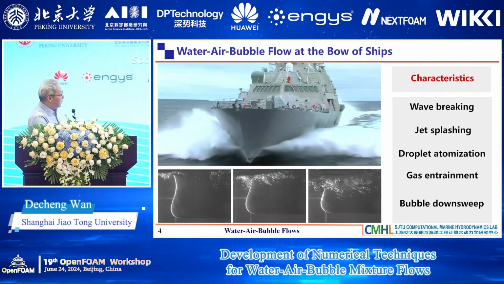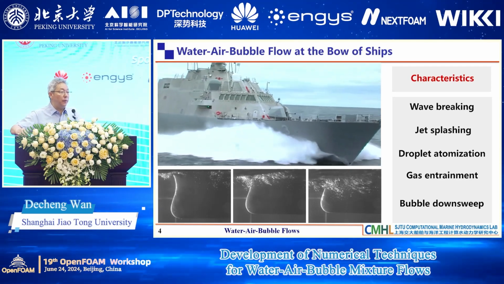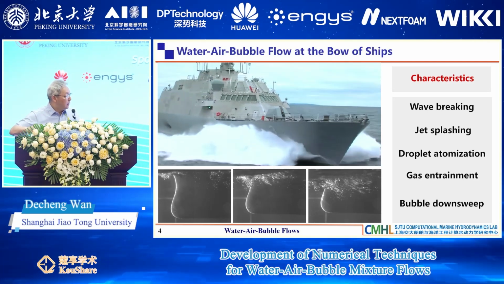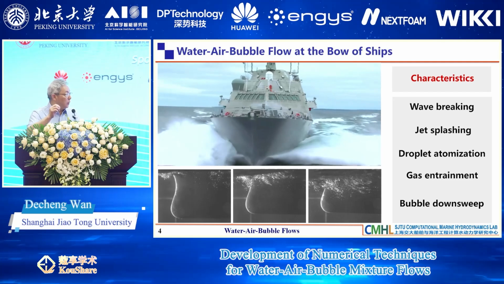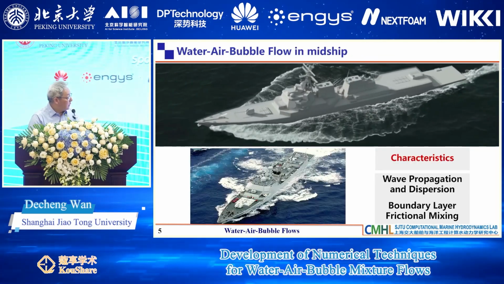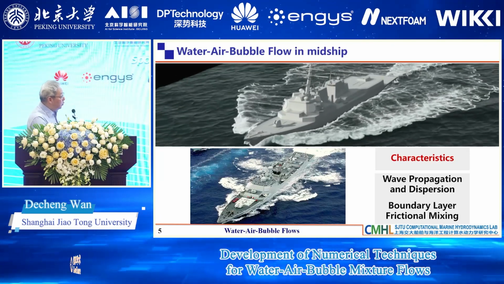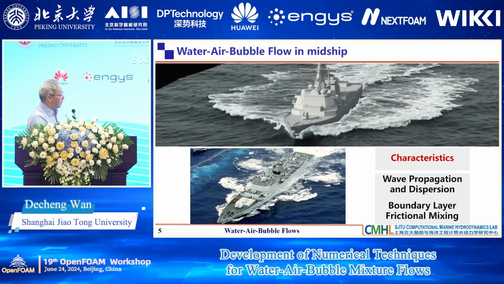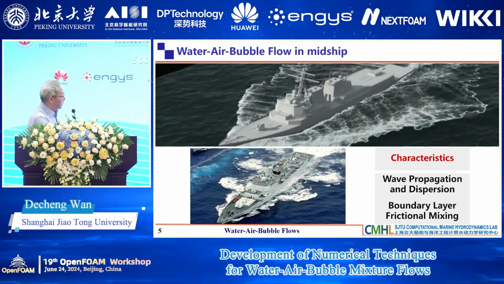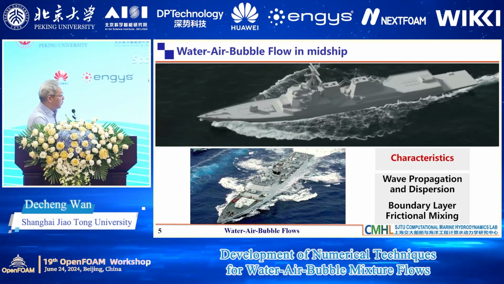So this is a very complex interface between the water and the air, with the jet flow, the droplets, the gas and the bubbles. In different regions, they have different phenomena: the breaking, propagation, and dissipation.